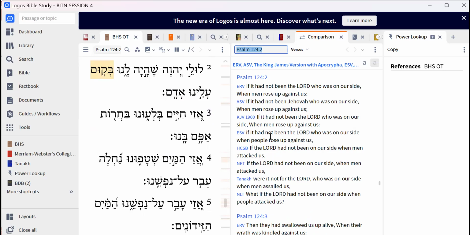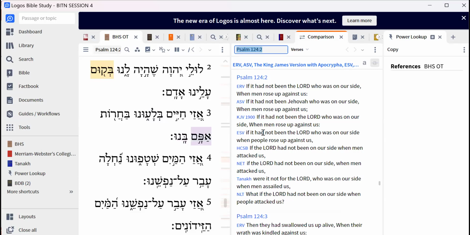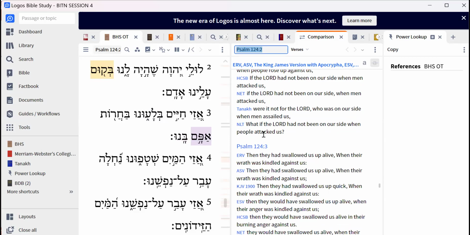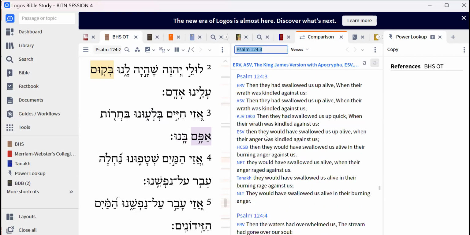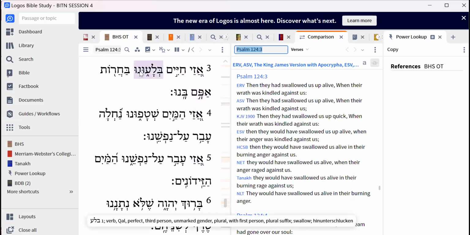That's very, very negative. Then he goes on to tell us again that then they will have swallowed us, the anger will have overwhelmed us. They will have swallowed up alive, you see.